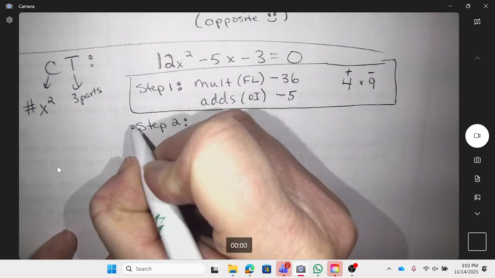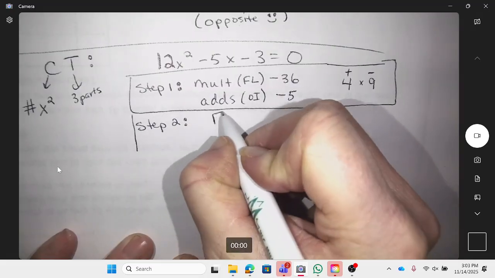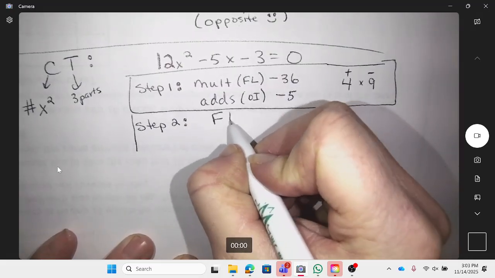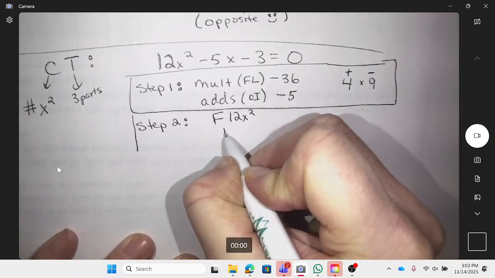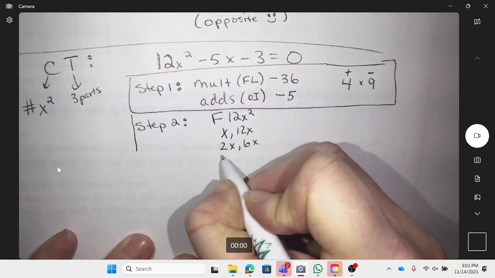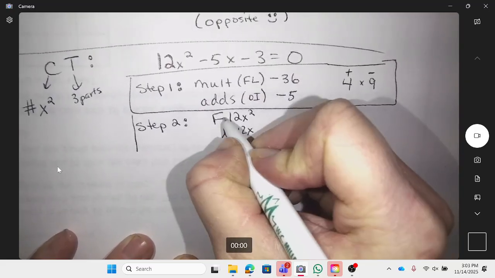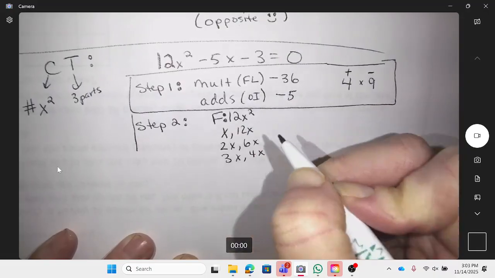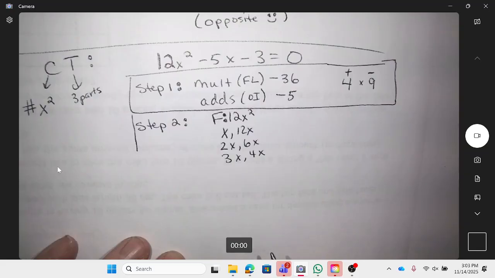Step 2, look at your F. What kind of things could you put in the F spot?